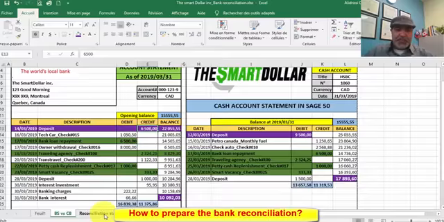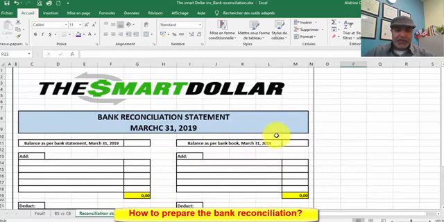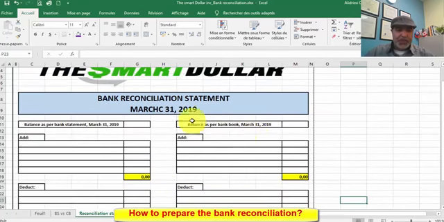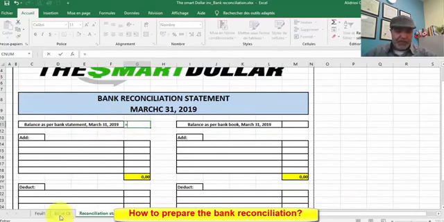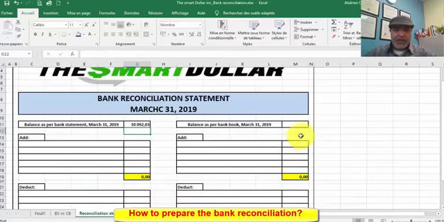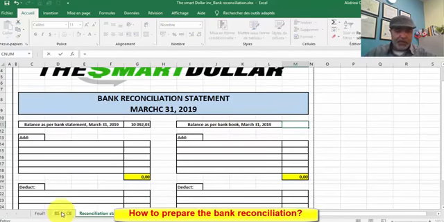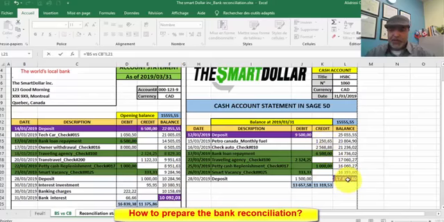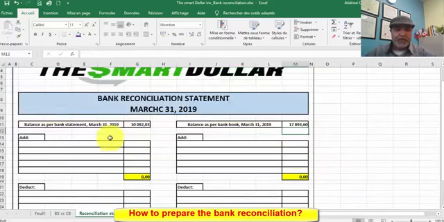We go to reconciliation statement form like this. We start by balance as per bank statement. This. Okay. And this is our balance given by our bank book or cash book. Equal. Go back here. This is our balance. Good.